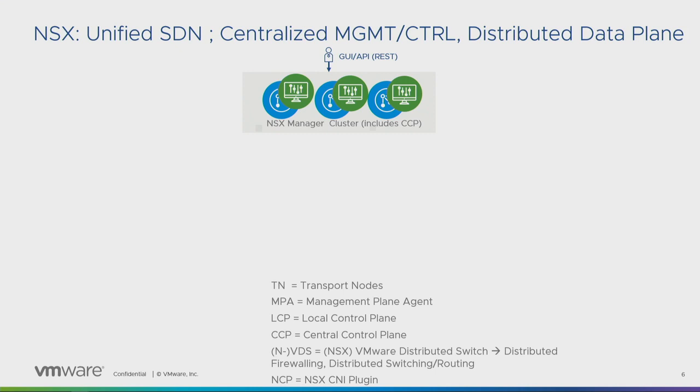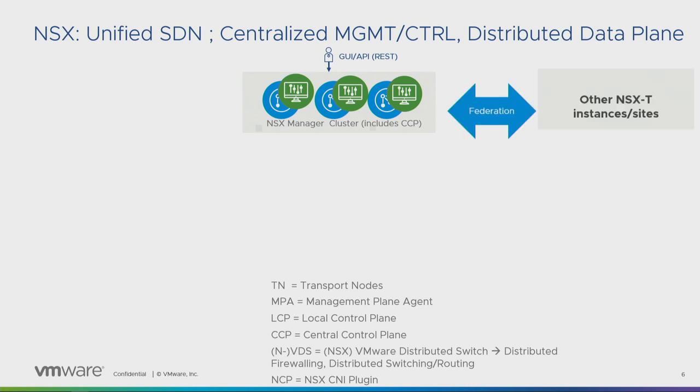But we also load share all of the information that needs to be stored in the control plane across those 3 individual nodes. Some people ask me, do I need more than 3? In typical environments, and for sure given how NSX scales, we don't need more than 3. As a matter of fact, the only supported number is 3 control plane nodes.